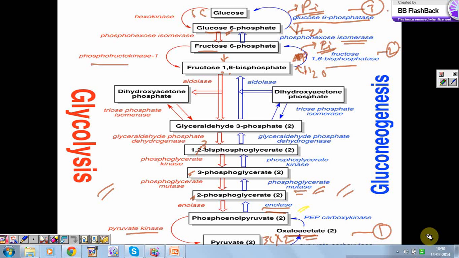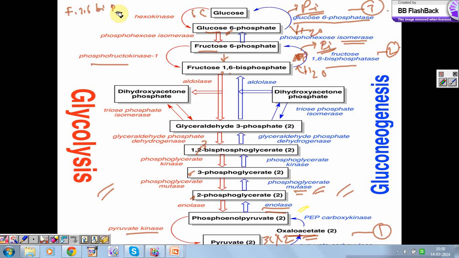Now all these enzymes have some inhibitors. This fructose 1,6-biphosphatase, I'm just writing down this name, is inhibited by fructose 2,6-biphosphate.